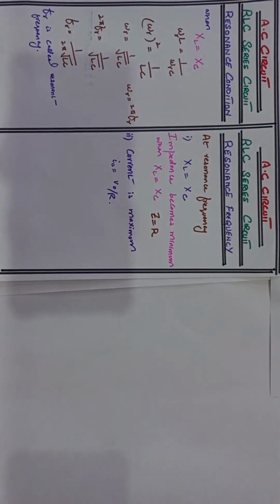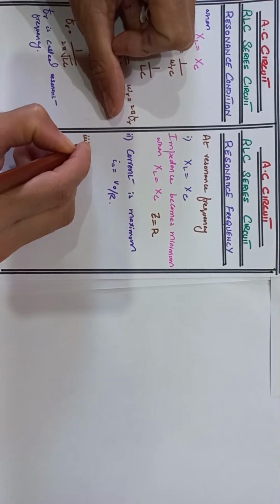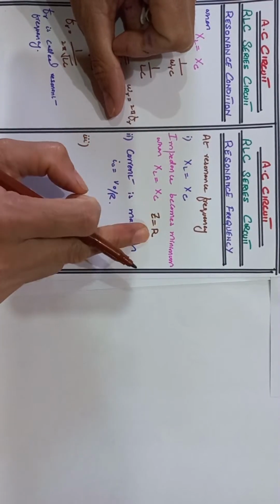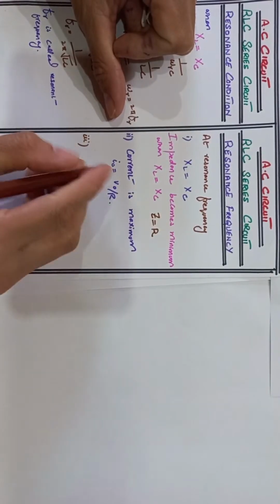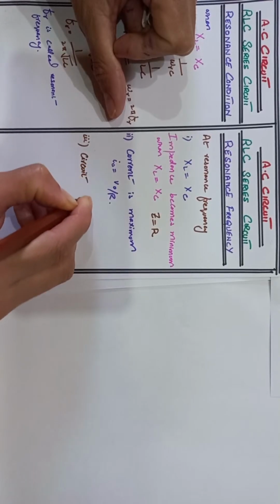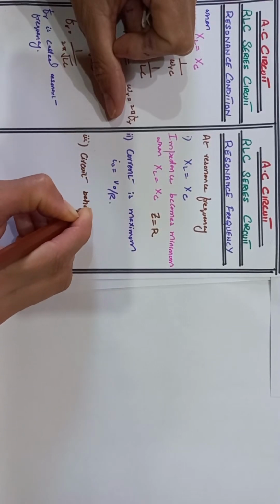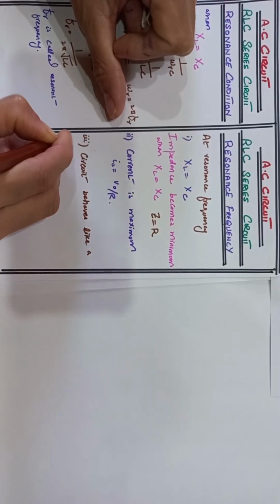And the third point we would like to discuss is that the circuit behaves like a pure resistor. Voltage and current are in the same phase. We know that when the impedance is equal to the resistor R, in the resistor the voltage and current are in the same phase. So here we write that the circuit behaves like a pure resistor.